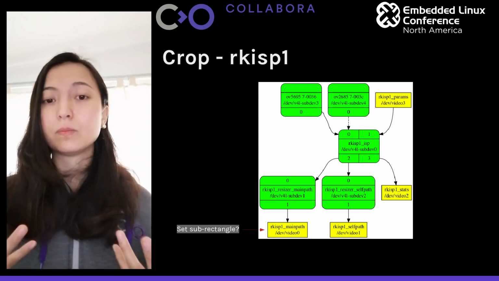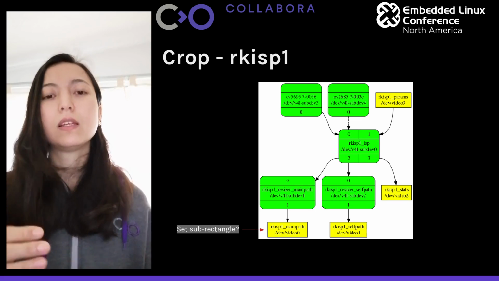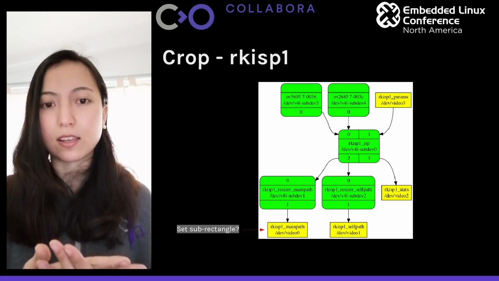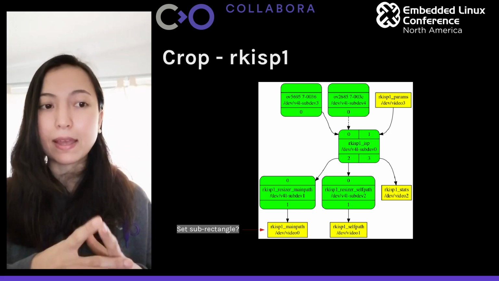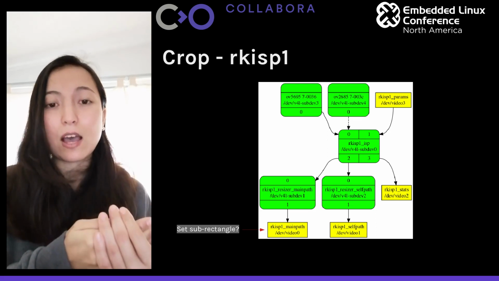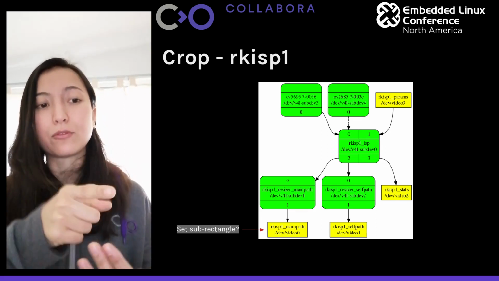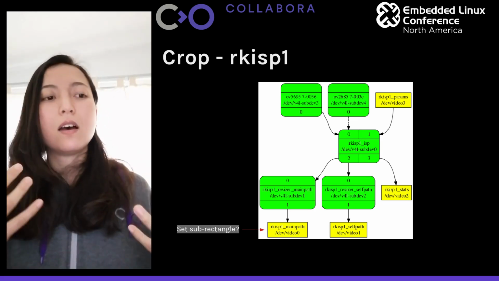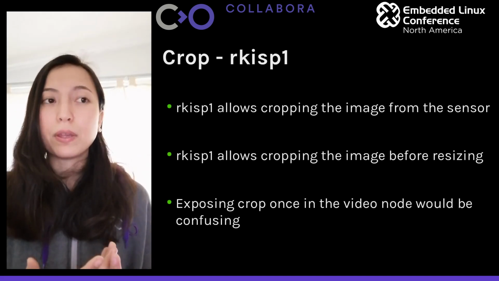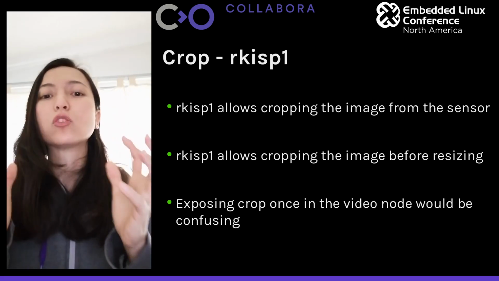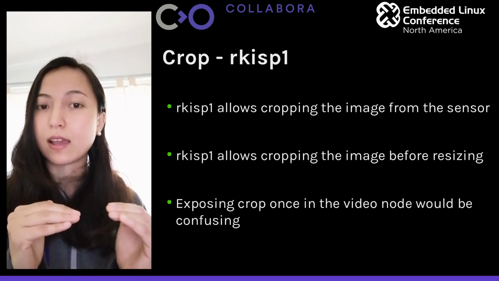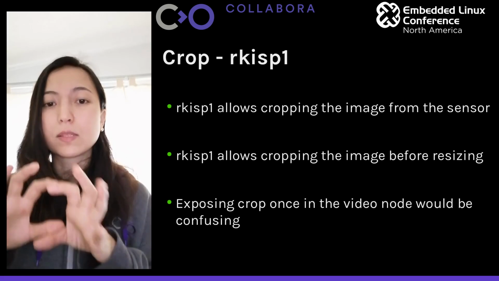The media subsystem allows you to expose an API that allows user space to select a subrectangle on all the pads actually, but we are going to see that we could allow user space to select this subrectangle only on the final node there, /dev/video0, but we're going to see that we have some problems because this driver allows cropping the image from the sensor, so before doing the processing in the ISP, and it also allows cropping the image just before the resizer, so it can shrink or zoom a specific image.